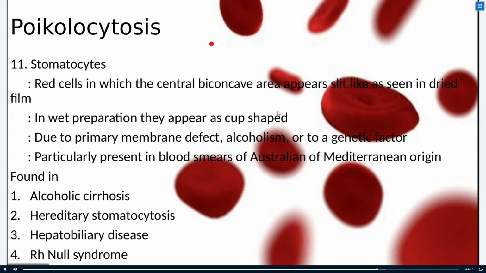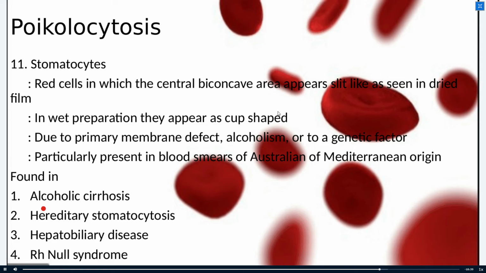Next, we have your stomatocytes. Now, your stomatocytes are red cells in which the central biconcave area appears slit-like, as seen in a dried film. In a wet preparation, they appear as cup-shaped. This is primarily caused by primary membrane defect, alcoholism, or it could also be due to a genetic factor present in blood smears of Australians of Mediterranean origin.